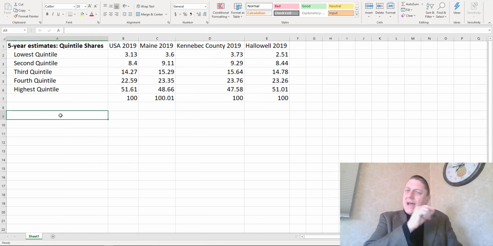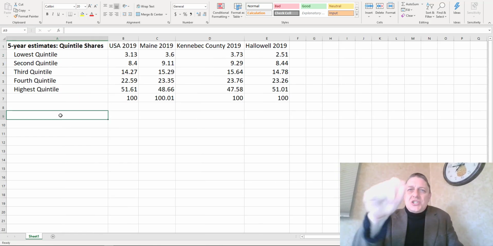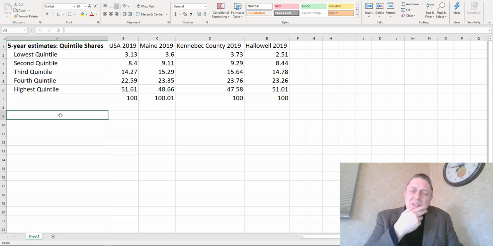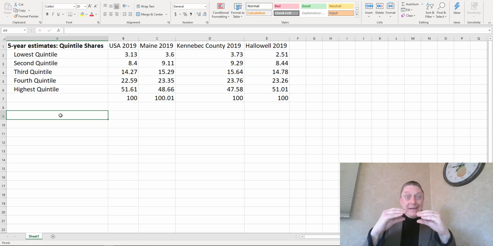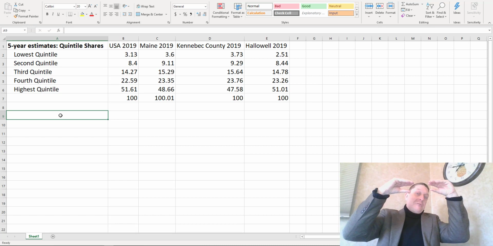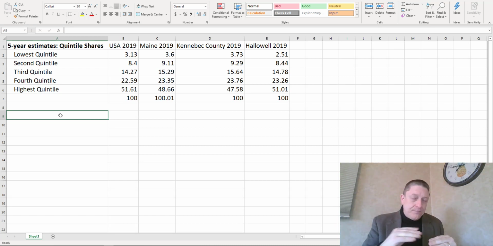But we could look also at the question of within each of these places, how much money each quintile typically makes. Because one of the things that's true is that you can have a lot of income equality, but it could be for two reasons. Either everyone's really rich or everyone's really, really poor.